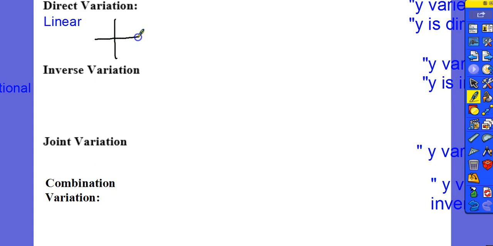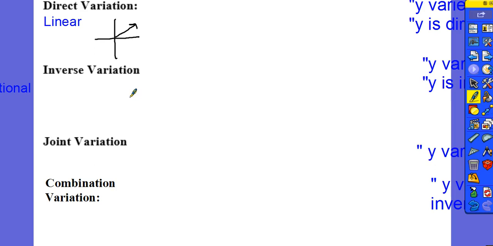So we'll draw a little XY table, and it'll have a line. The direct variation is going to create information where the X goes up and the Y goes up, or the X goes down and the Y goes down. There's a direct relationship between your X and Y.